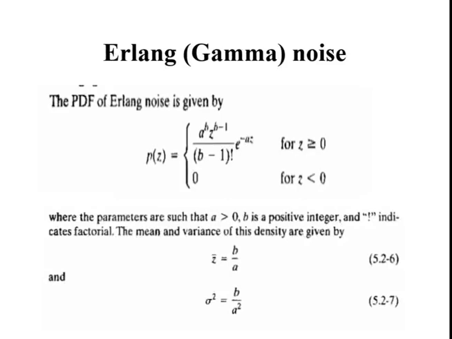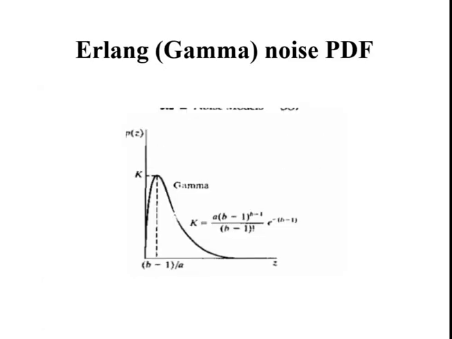The mean and the variance of this density are given by z bar equal to b upon a and sigma square equal to b upon a square. The plot of this density is as shown in the figure. It is also called the gamma density. When the denominator is as shown, the density is more appropriately called the Erlang density.